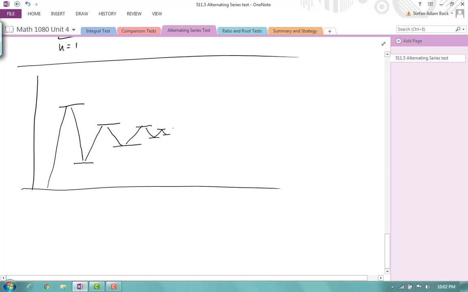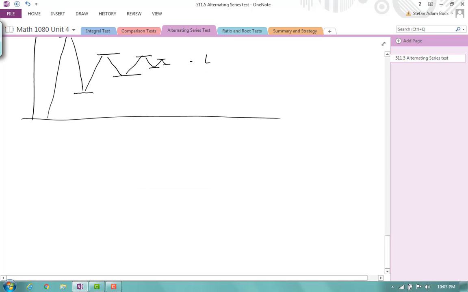Because when I add alternating positive and negative terms, I'll add and subtract and add and subtract. But every time I cancel something off from the previous operation, it's less. And so I eventually kind of narrow in on some limit, which means that the remainder, or the error, of the alternating series is always less than the next term.